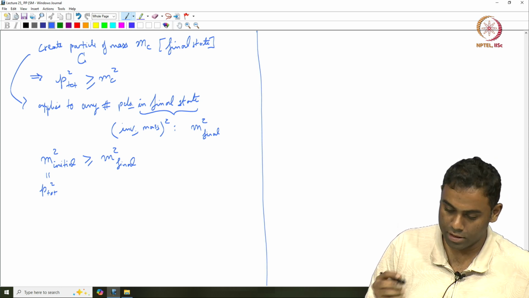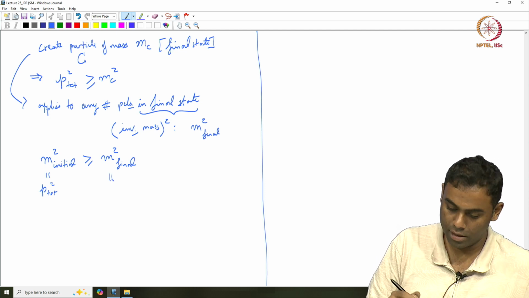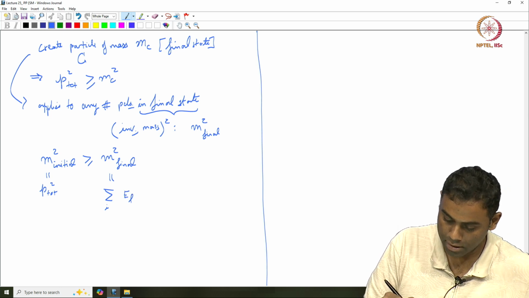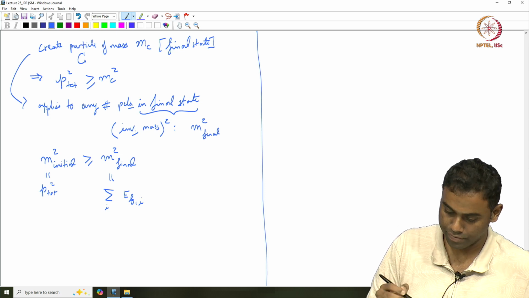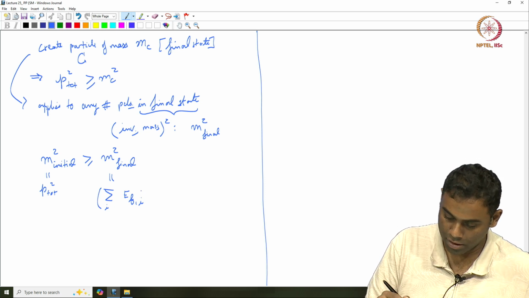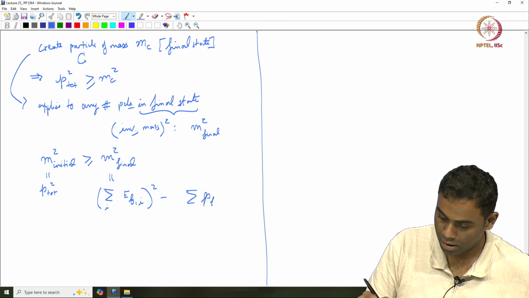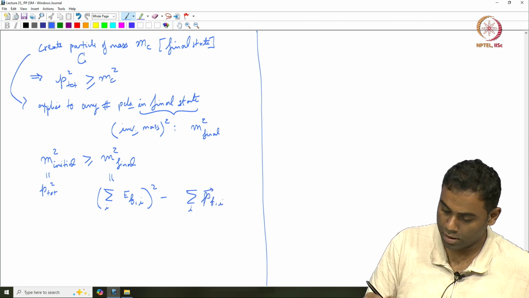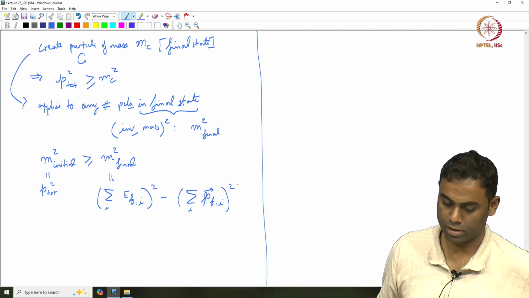Of course, we can give this an expression too, just to be clear. If I have a number of particles labeled by i, I take the sum of the energies of those of the final state and square it, minus the three-momentum of all the species in the final state, sum over it and square it.